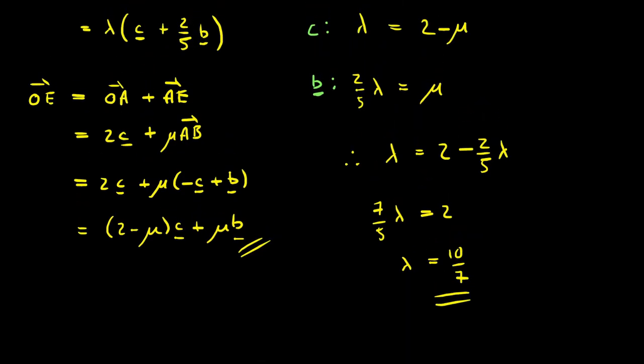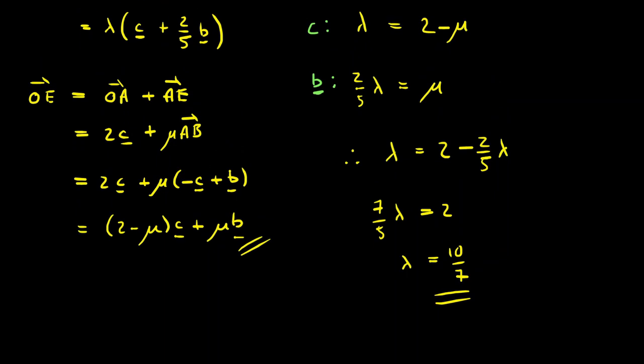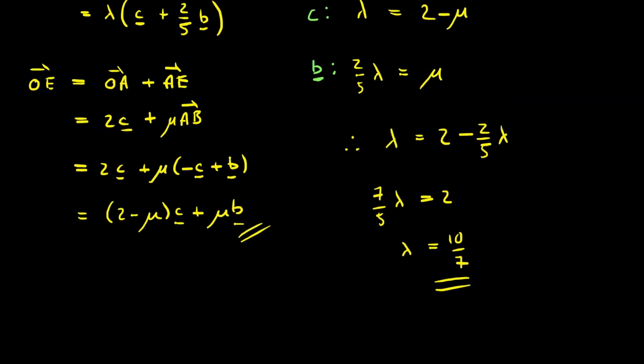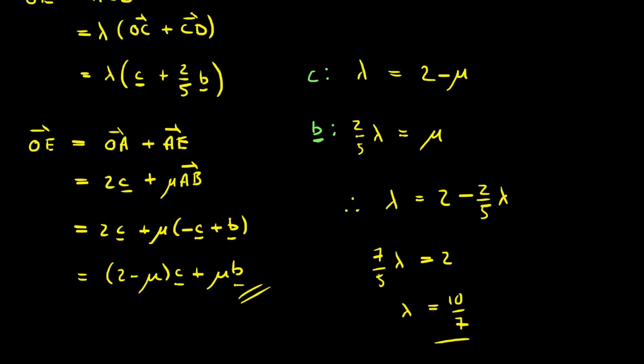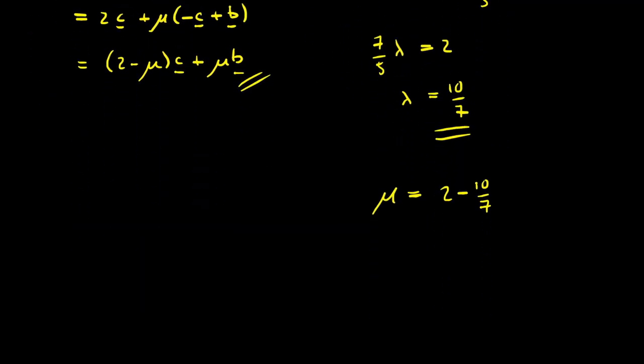And if lambda is equal to 10 upon 7, then mu is going to be equal to 2 minus 10 upon 7. Substituting it in, mu is equal to 2 minus 10 upon 7, which is 14 upon 7 minus 10 upon 7, which is 4 upon 7.